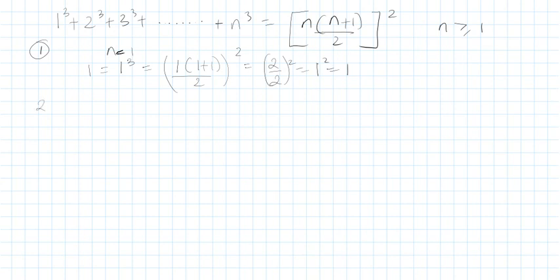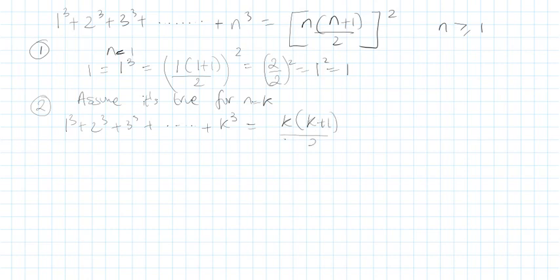Now the second stage is we assume that it's true for n equal to k. If n is k, we have that sequence, but with n replaced by k, so you're stopping at k cubed. You replace n by k on the left hand side, and n by k on the right hand side.